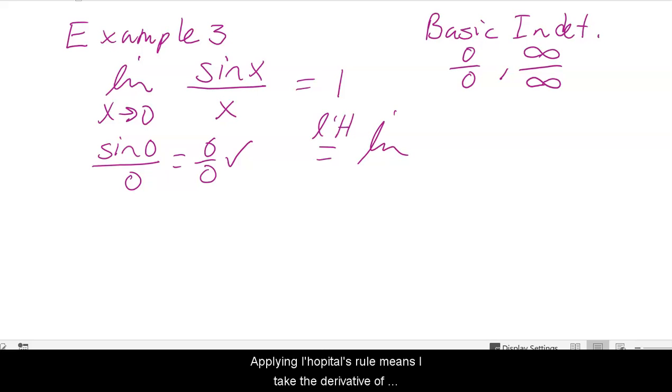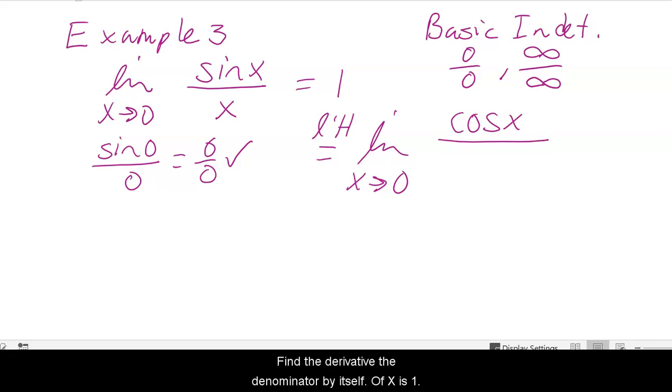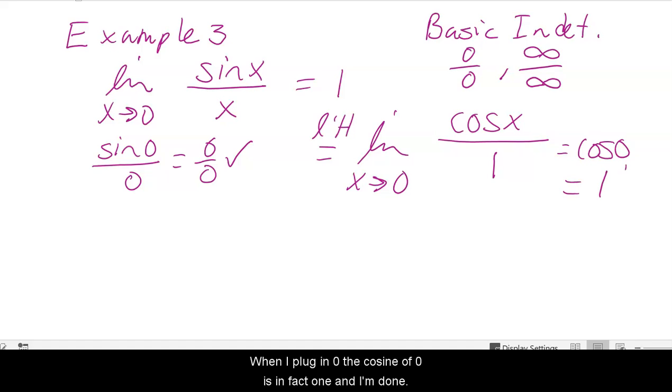Applying L'Hopital's rule means I take the derivative of the numerator by itself, derivative of sine is cosine, and the derivative of the denominator by itself, derivative of x is 1, and then I plug in the limit value again. When I plug in 0, the cosine of 0 is in fact 1, and I'm done.